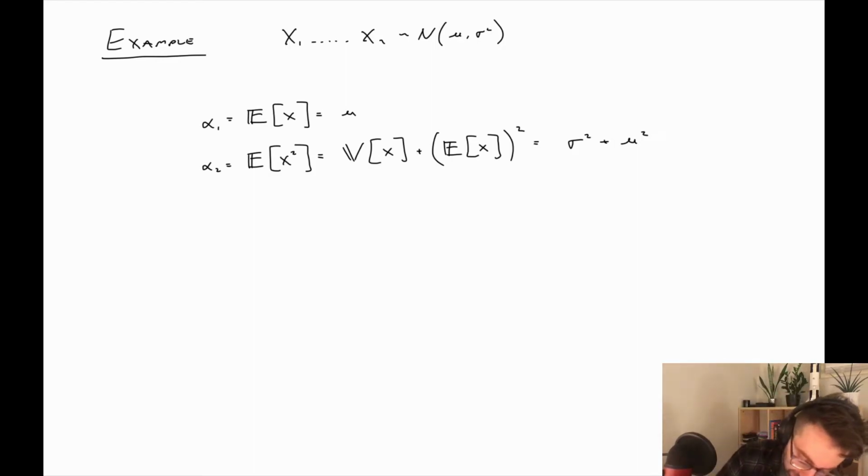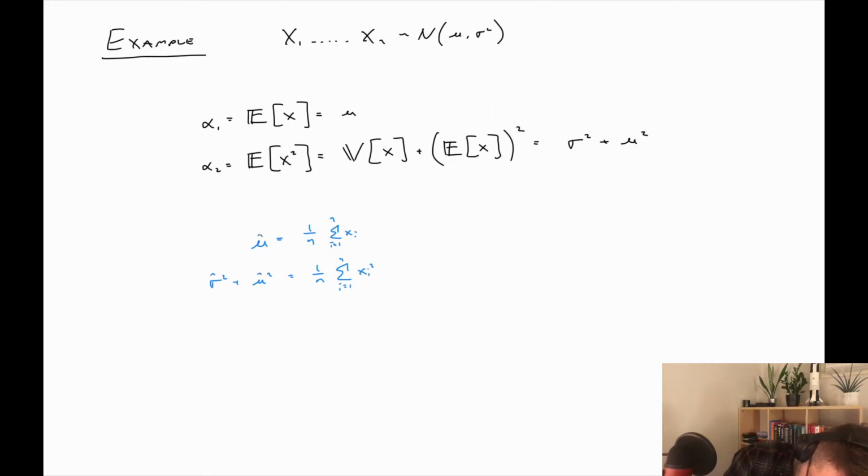So what I need to do then is set those things equal to the first and second sample moments. So let's take the first moment and set it equal to the first sample moment, like that. Then let's take the second moment and set it equal to the second sample moment.